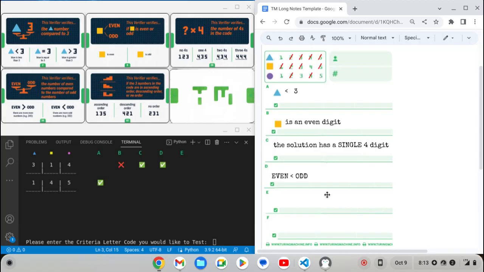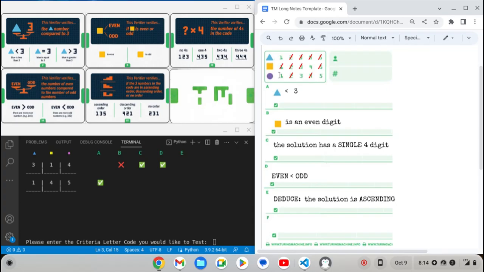So I think I'm going to type up criteria card E as we're going to deduce the solution is ascending. Okay, and so since it is ascending, I'm deducing that the value should be 5.